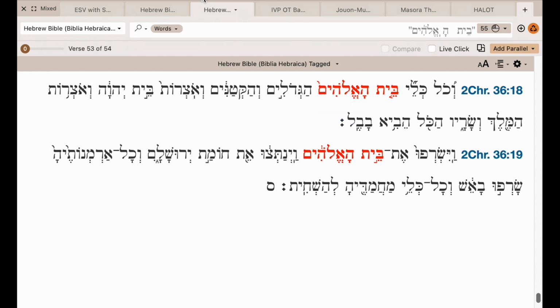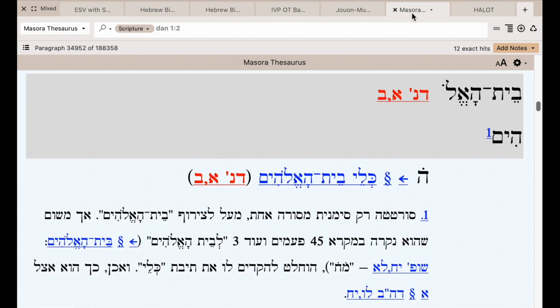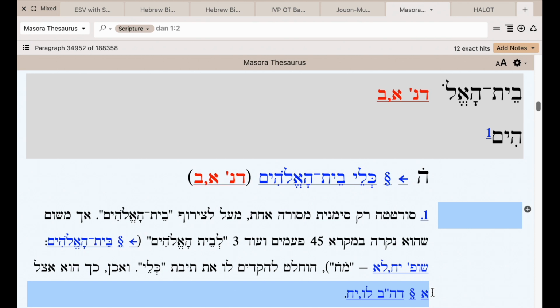So when we go back to this Masorah note in the manuscript, or in, let's bring up Dotan Reich, right? Masorah Thesaurus, okay? It would appear that this note He actually means Klei Vet HaElohim, and the evidence comes from the Aleppo Codex, in addition to just searching for it, of course.